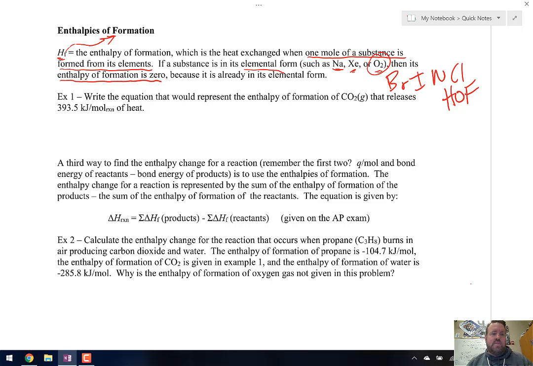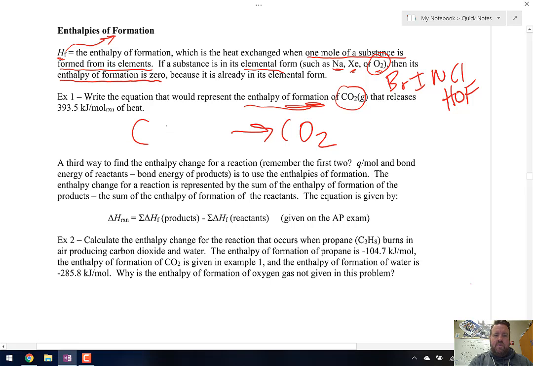Okay, so the first example here says write the equation that would represent the enthalpy of formation. Again, as soon as you see that, you've got to think, okay, I've got to form that compound from its elements. And so if we're talking about the formation of CO2, we have to form CO2 from its elements. Well, the elemental form of carbon is just C, and the elemental form of oxygen is O2.